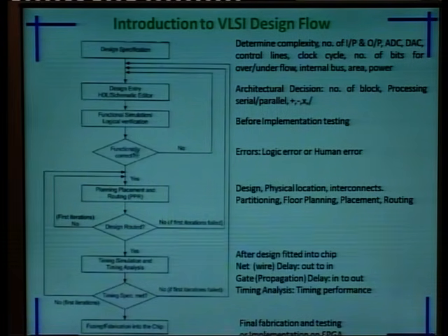Once our functionality is okay, then we go to the further step, that is planning, placement and routing, a process that we do in synthesis. Then if the routed design is again not correct, we go back; otherwise we go for timing simulation and timing analysis, and finally, when our specifications meet the timing requirements, we go for the final fabrication or final FPGA implementation.